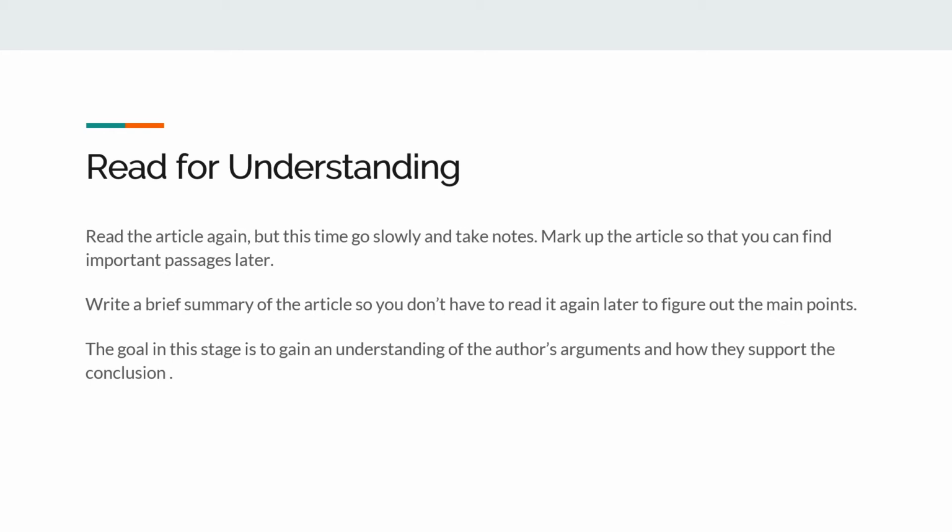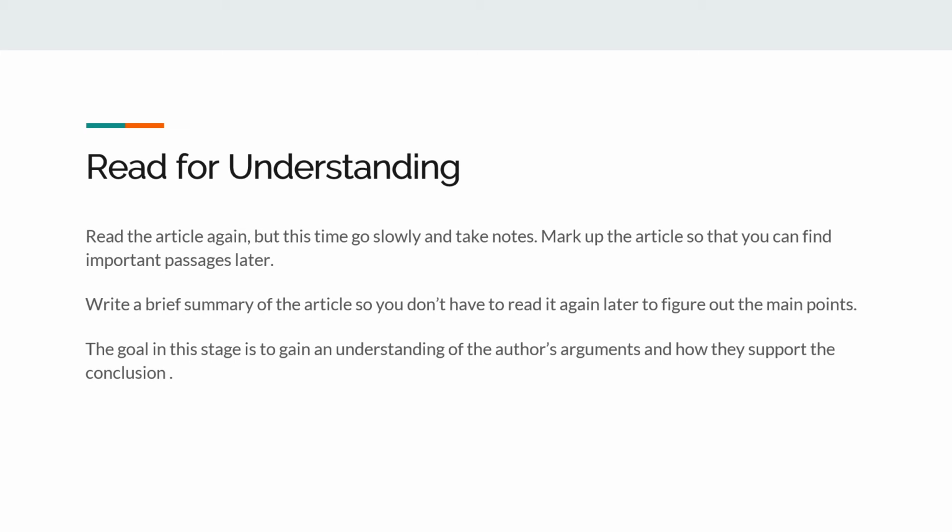it's important, and perhaps the most important step, is to read it for understanding. This is the slow, delicate process of reading philosophy. You're reading the article slowly, taking notes, and you're making sure you understand what the argument is that's being laid out.